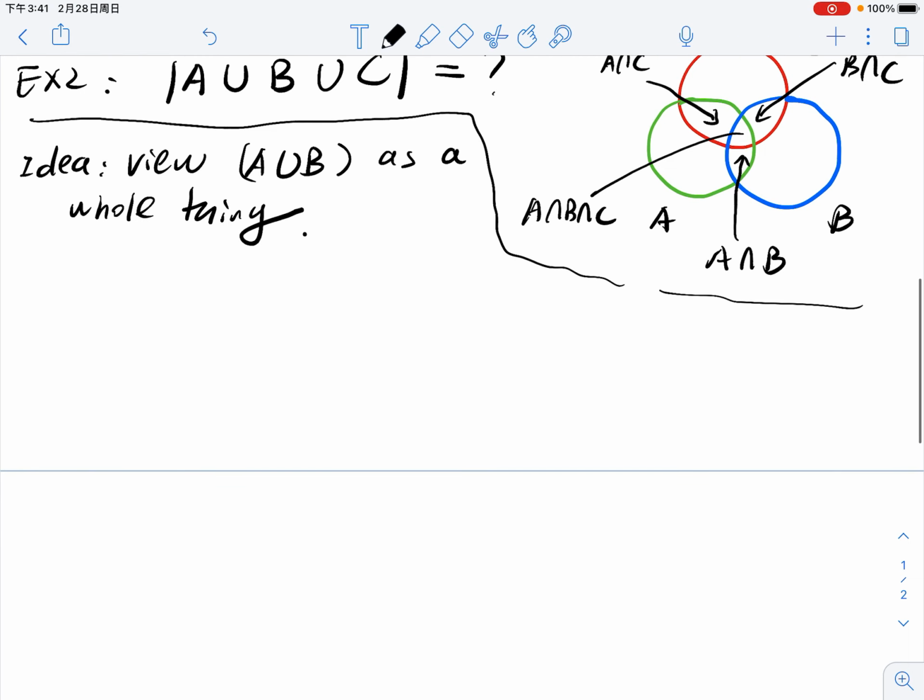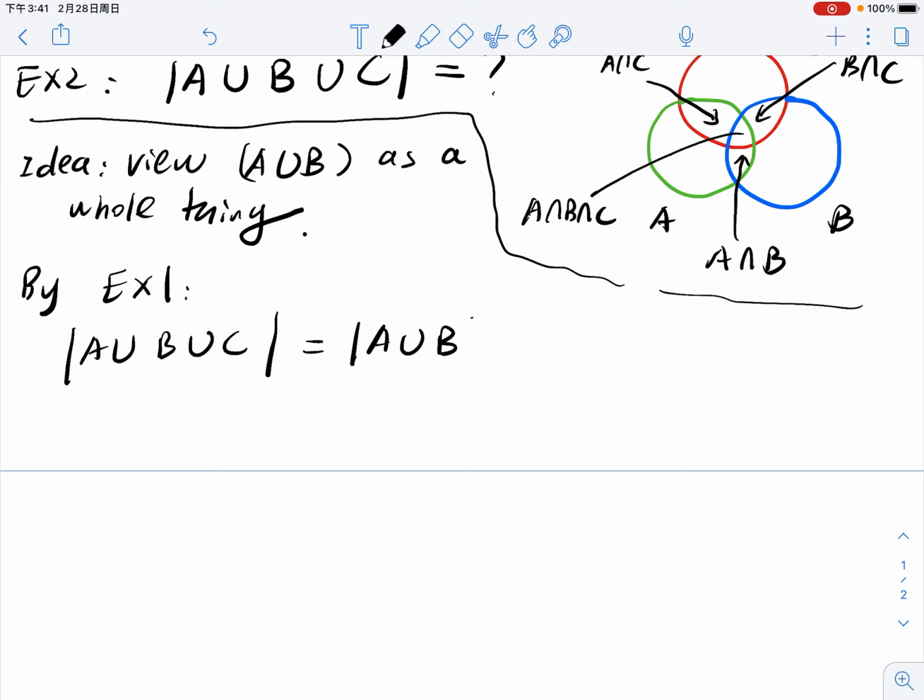Therefore, by example 1, we can conclude that the cardinality of A union B union C equals the absolute value of A union B plus C minus the absolute value of A union B intersection C.